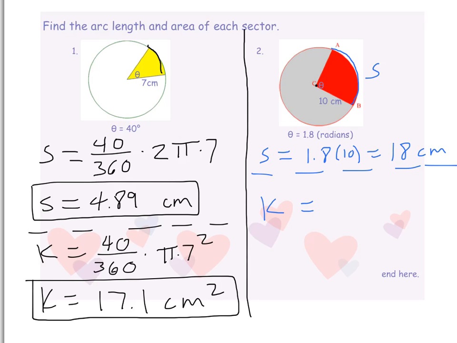Okay. All right, this is theta times our radius squared over 2. Okay, and that's coming from theta r squared over 2. That simplifies to 90 centimeters squared.